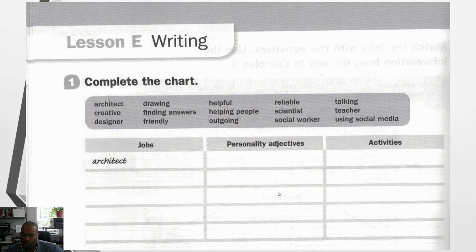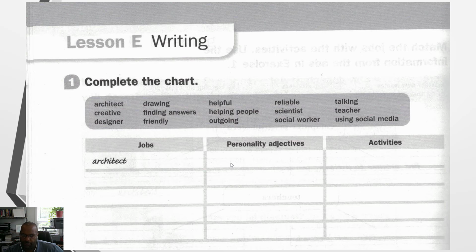The middle column is personality adjectives, so this would be the personality traits, the adjectives that we would use to describe the jobs. And then activities would be more of the actions that these job holders have.